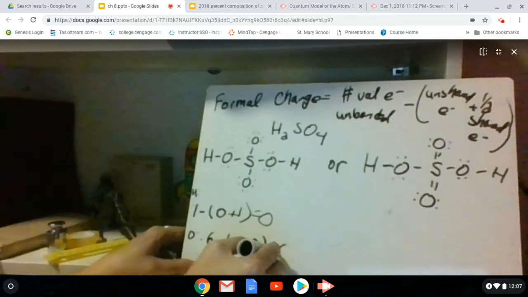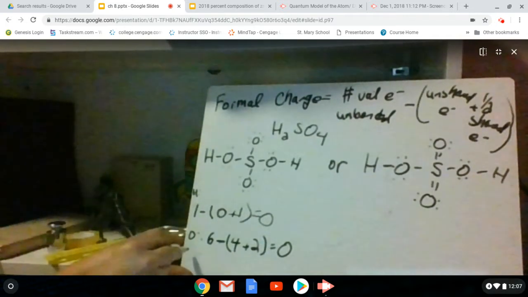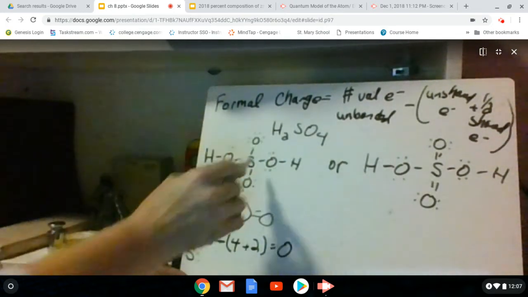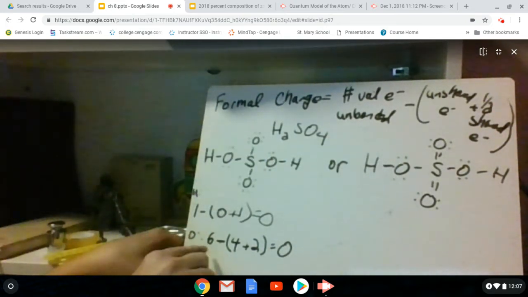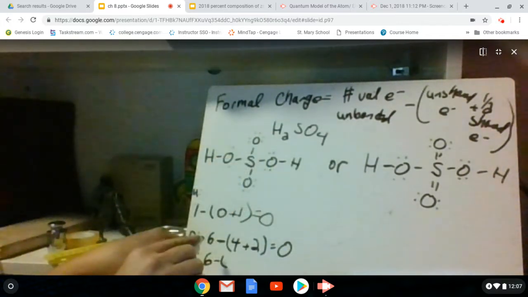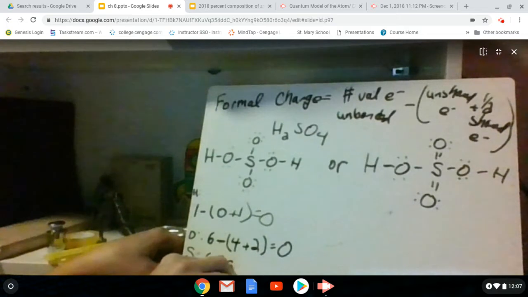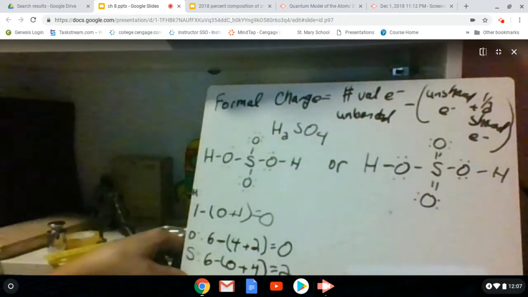And that also equals 0. Let's do sulfur. Sulfur typically has 6 valence electrons. It currently has no unshared electrons. And half of the shared electrons would be 4 because it's sharing 8 total. And that gives it a formal charge of 2.